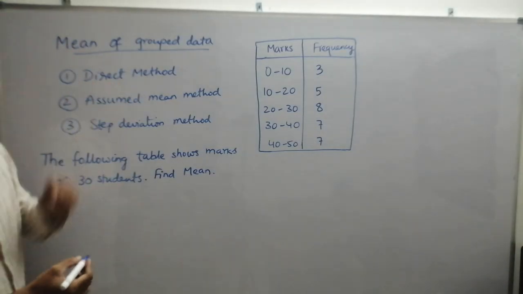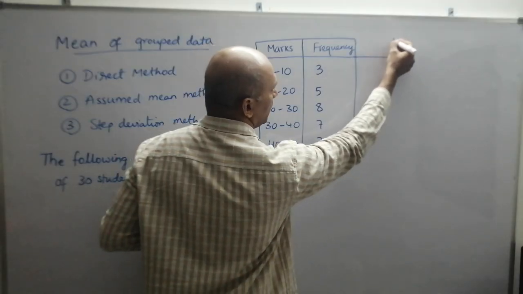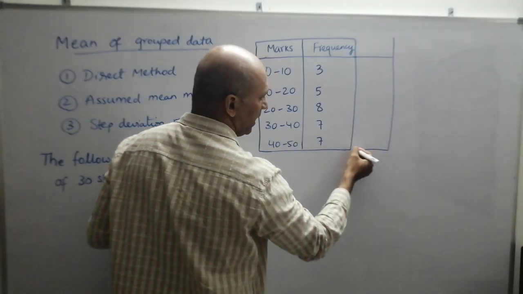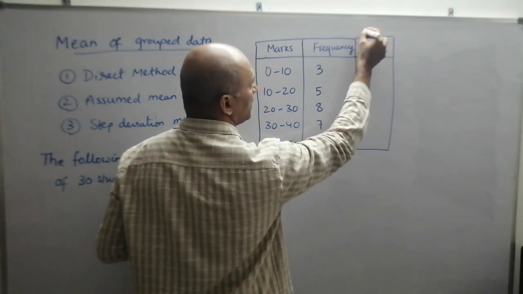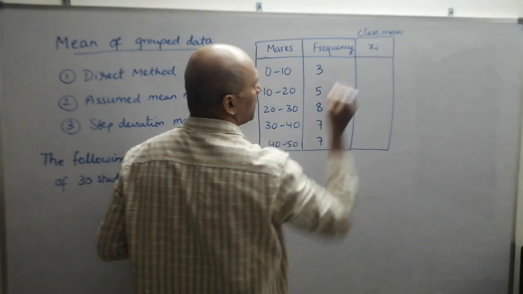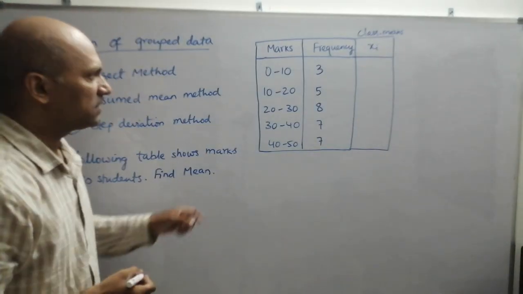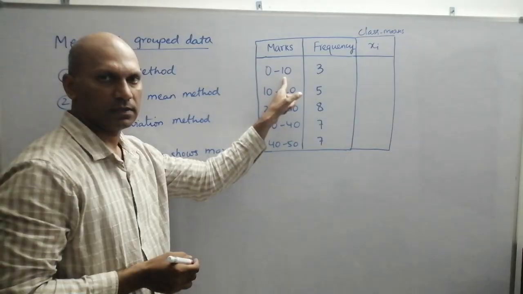We are going to use direct method. Alright, so we'll draw one more column here. And what are we going to write in this column? We will write xi, that is class marks. Okay. Now what are these class marks? See here, we have 3 students who got 0 to 10 marks.